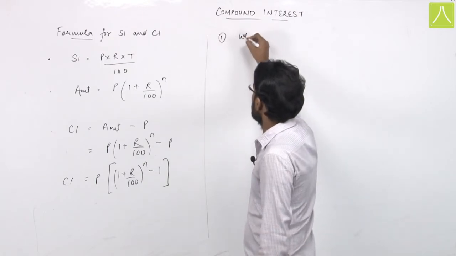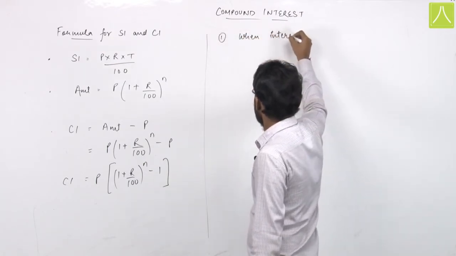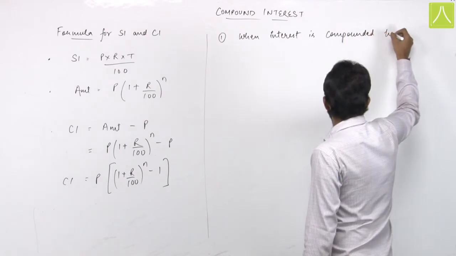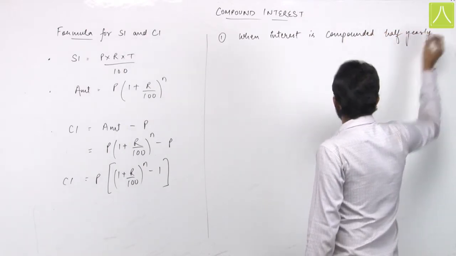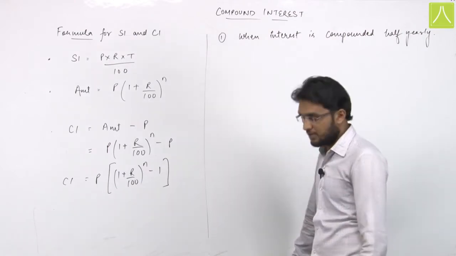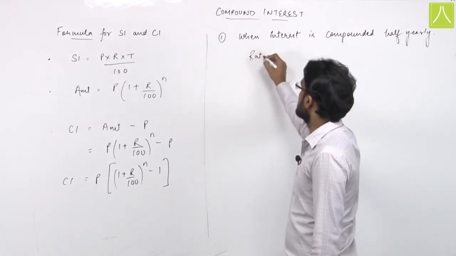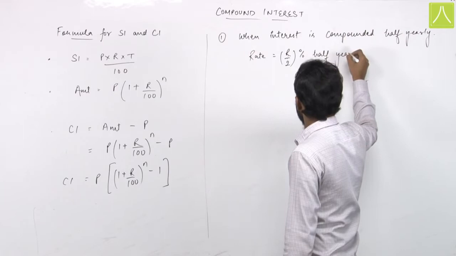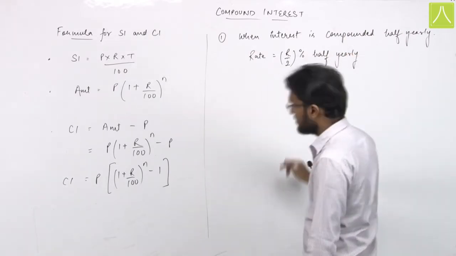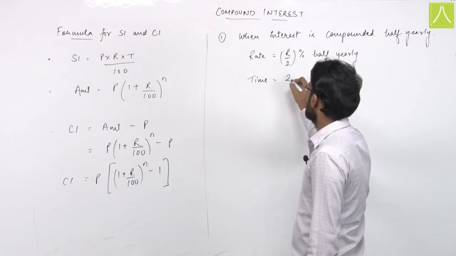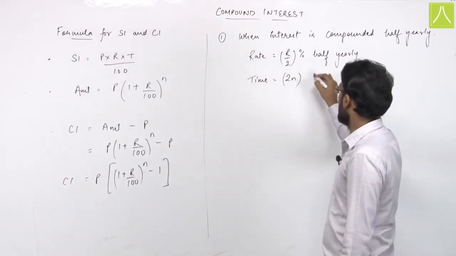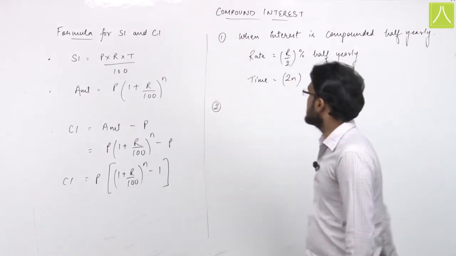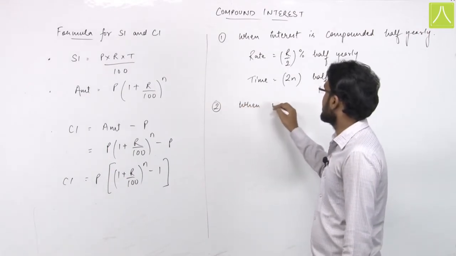Let us say when interest is compounded half yearly, that is, we have to calculate the interest on a half yearly basis, then the rate is going to be R by 2 percent half yearly, and the time is going to be double, that is 2n half years.